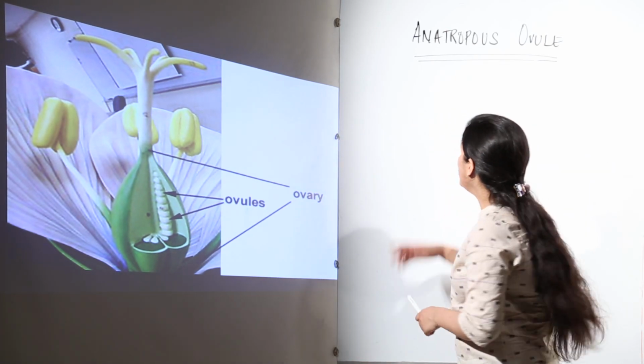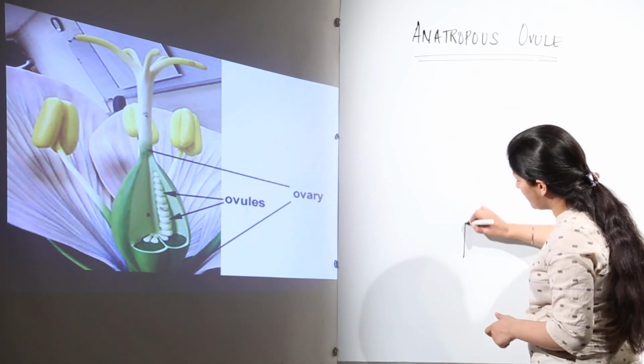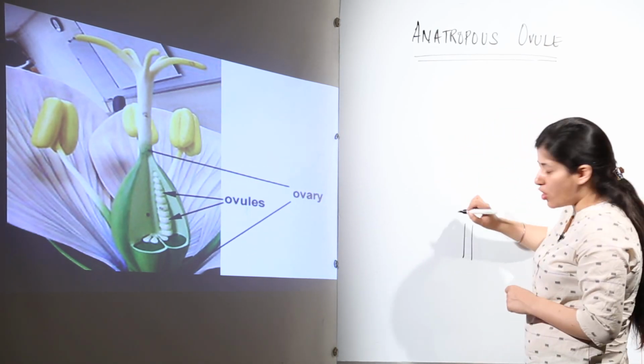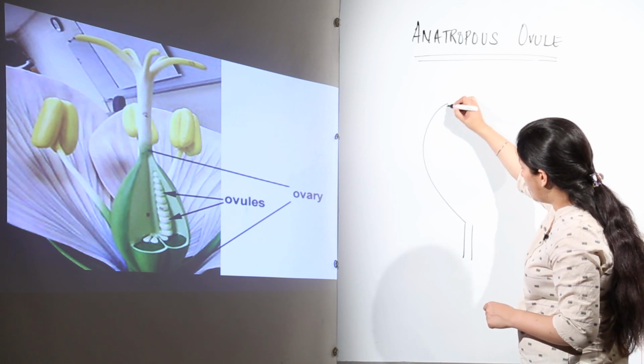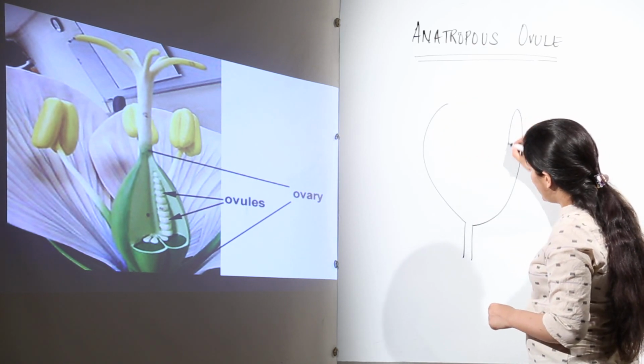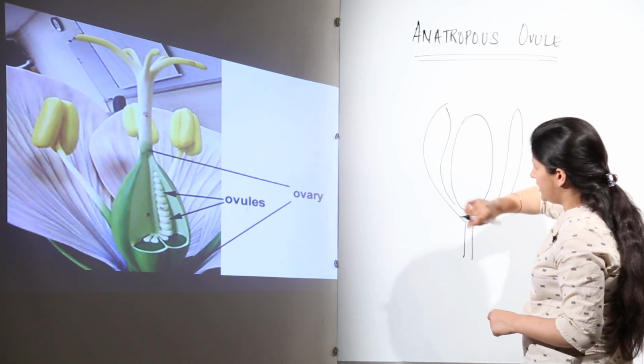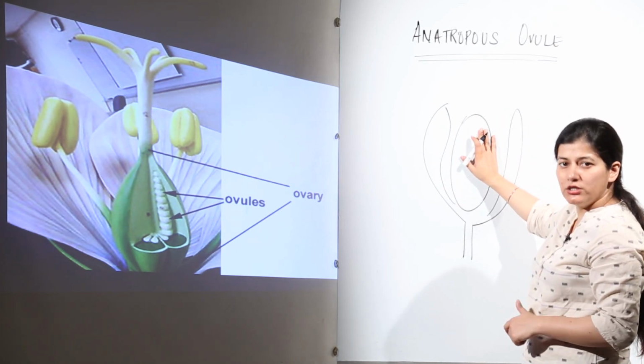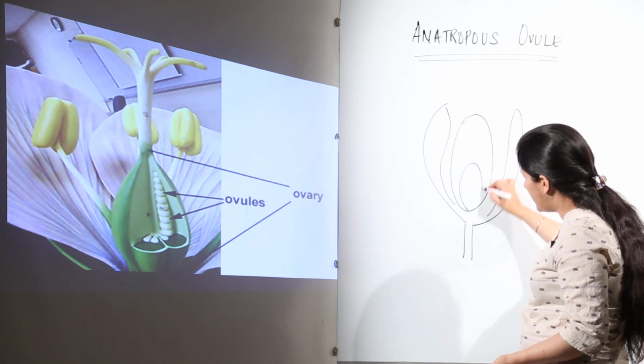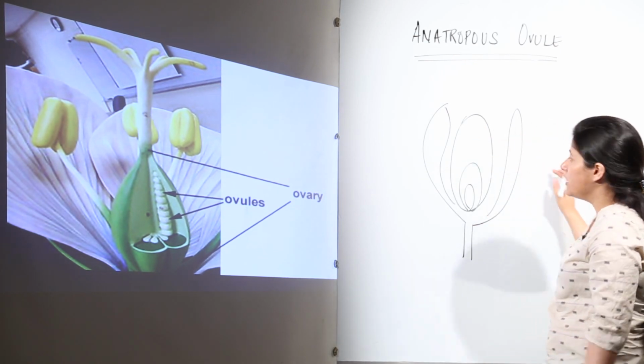Now, in the case of the anatropous ovule, one thing you have to remember is that there is a stalk on which the ovule is going to grow like this. There are going to be layers, and inside it you are going to find the nucellus, and inside it there would be an embryo sac, and inside it the egg.